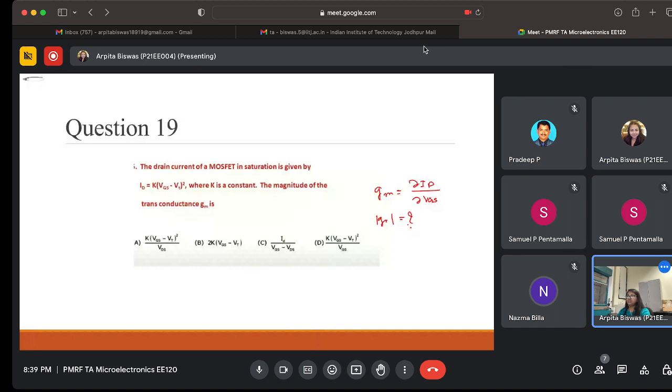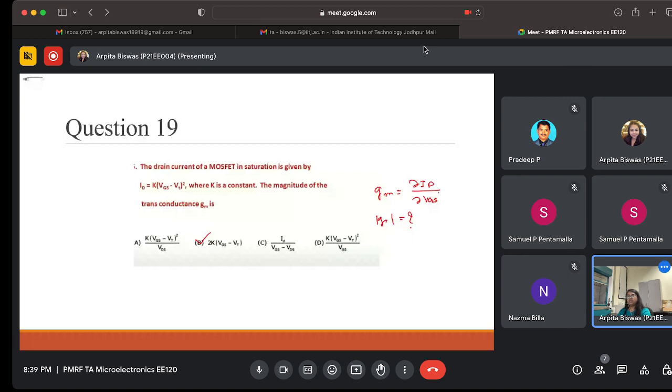Here you have to write del ID by del VGS. Instead of ID you write K into VGS minus VT whole square. K is constant, and it comes out as 2x.